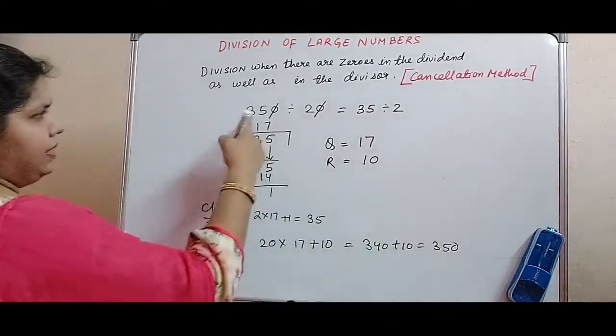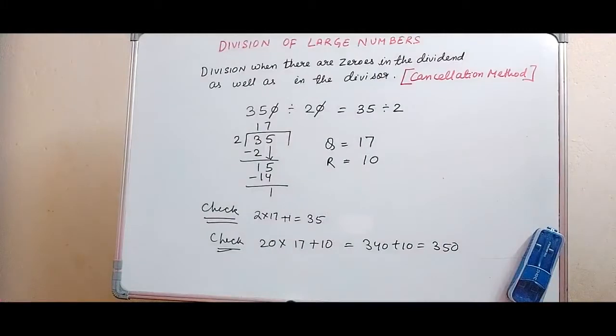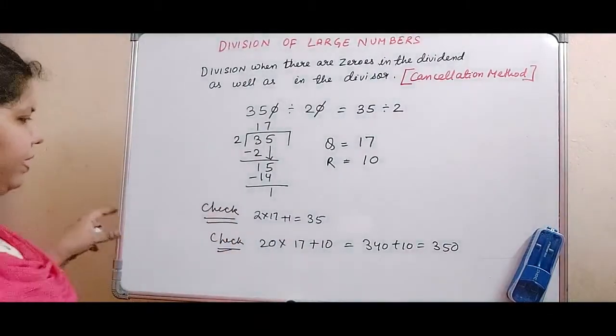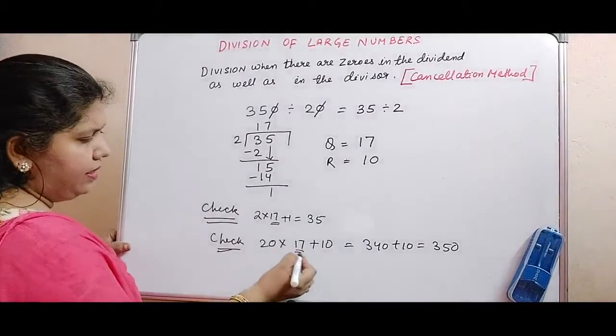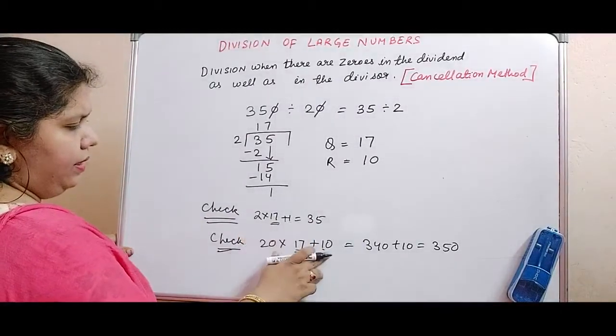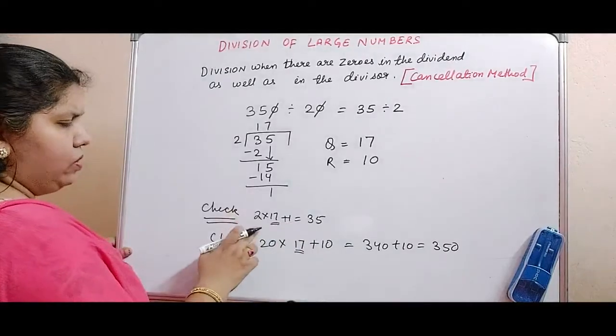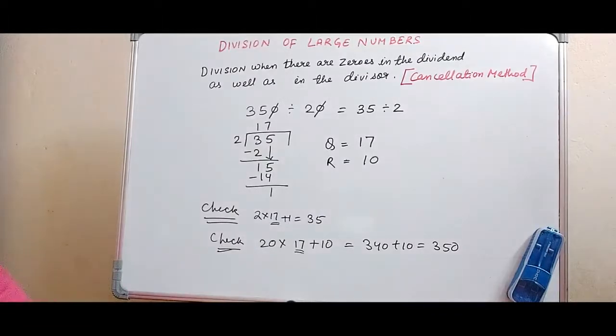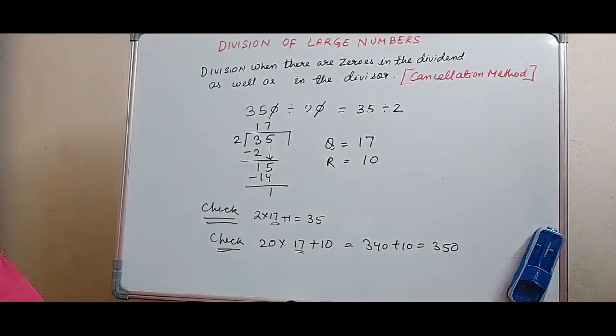So have we got the same dividend here? Yes. So the quotient is not changing in both cases. You see 17 remains intact, but the change is in the remainder. The remainder here is 1, here it is 10, and the divisor here is 2, but actually it was 20. I hope you have understood this process.